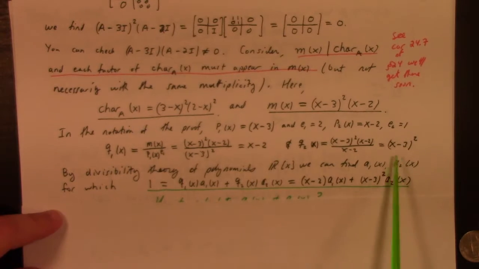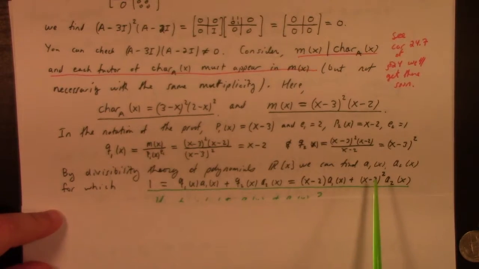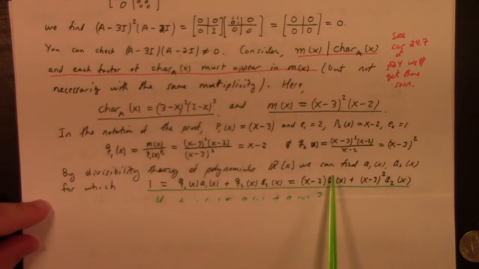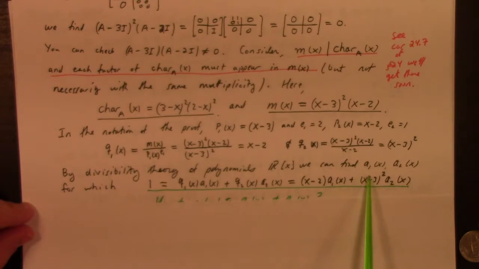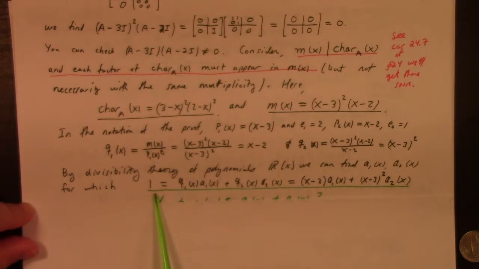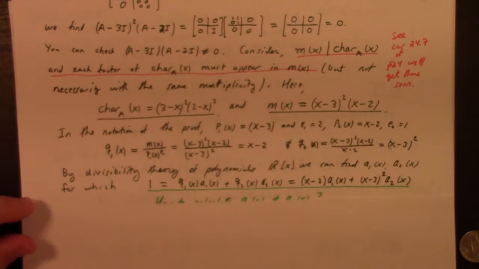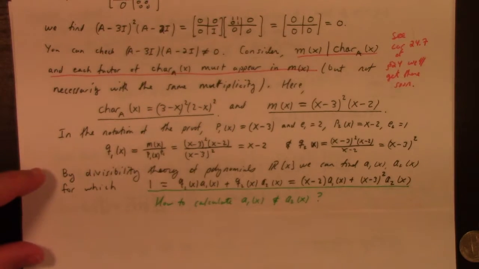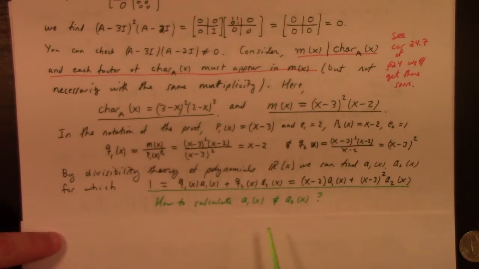By the divisibility theory of polynomials over the reals, we can find an a1 of x and a2 of x for which 1 is equal to this plus that. In other words, (x minus 2) times a1 plus (x minus 3) times a2 gives me back 1 again.